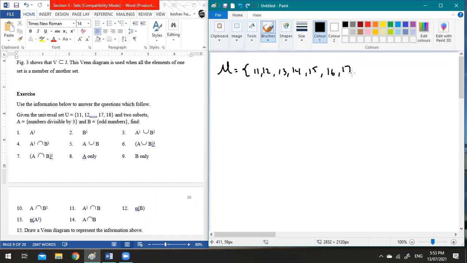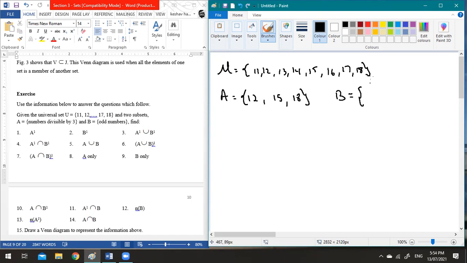You could use the dot, dot, dot, 18, right? And two subsets. We have A, which is numbers divisible by 3. And what would be the numbers of the universal set divisible by 3? It would be 12, 15, and 18. And the set B would be odd numbers.